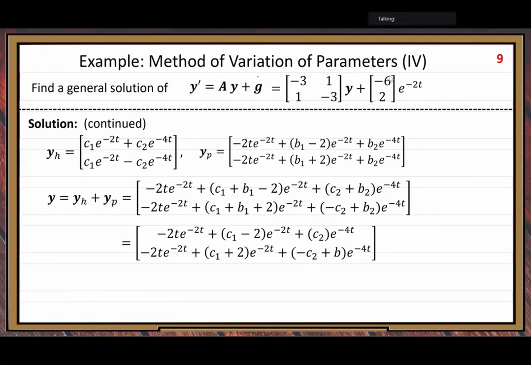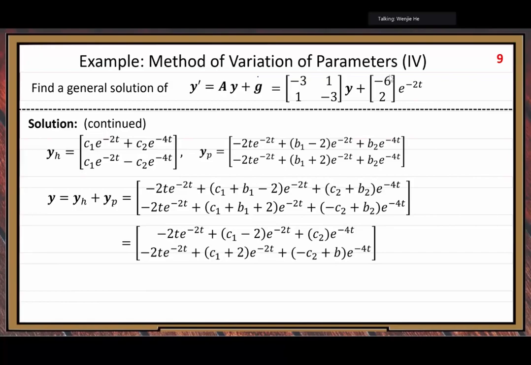Here, we do this kind of simplification. Because C1 is an arbitrary constant and B1 is an arbitrary constant, can we call C1 plus B1 a single constant C1? Right? Because C1 here is also an arbitrary constant. So we replace B1 by C1. No problem.